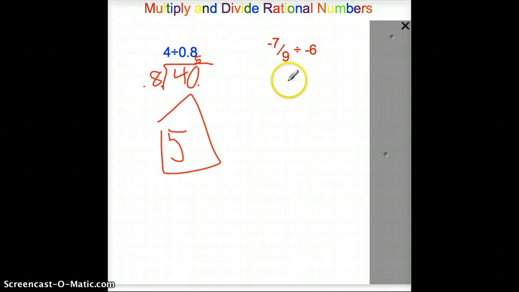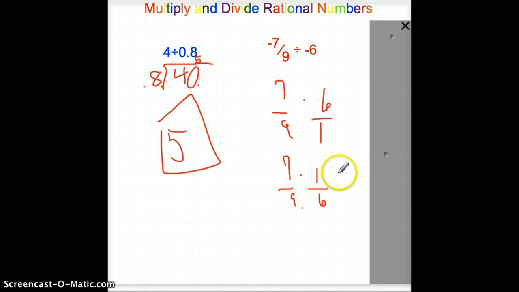Now let's do negative 7 over 9 divided by negative 6. Because there's an even number of negatives, the quotient will be positive. First, you have to make negative 6 an improper fraction by placing it above 1. Then, you flip negative 6 over 1 to its reciprocal, negative 1 over 6, and change it to multiplication.